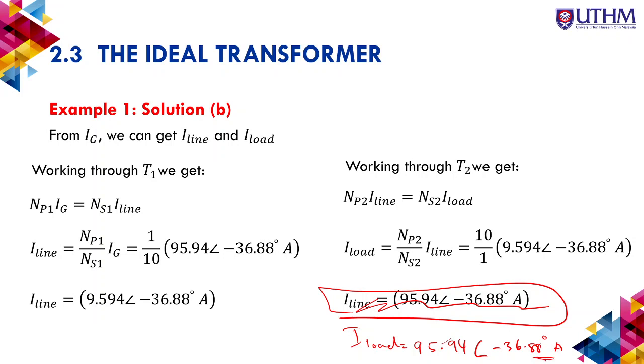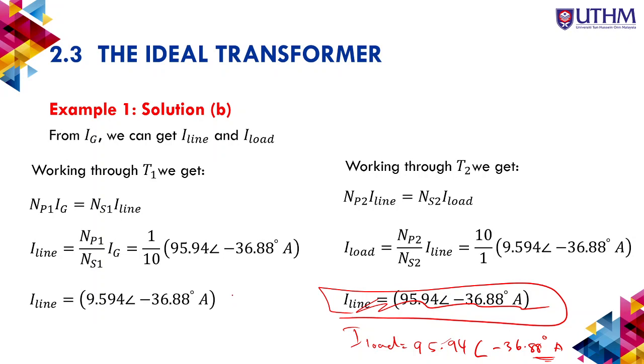So it is actually the same. They will get the same value, because of the conversion only. Because the turn ratio is the same for transformer 1 and also transformer 2. One multiplies by 10, then divides back by 10, so it will be the same as the IG.